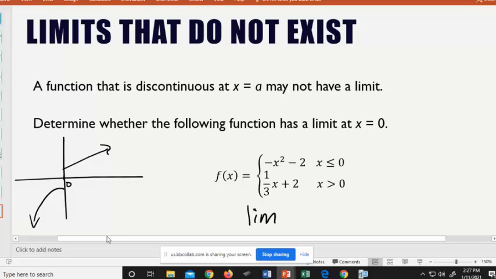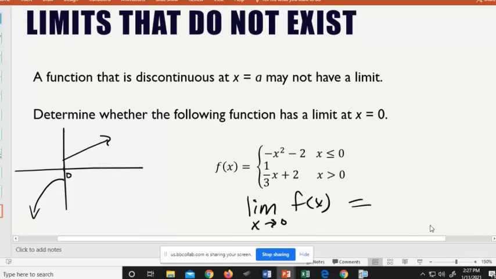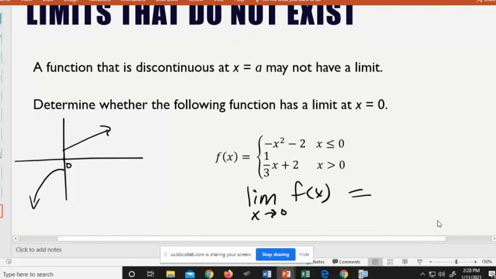What is the limit of the function as x approaches 0? Okay, well, do these match? So from the left-hand side, from the right-hand side, they don't match, do they? So we're going to say the limit does not exist.